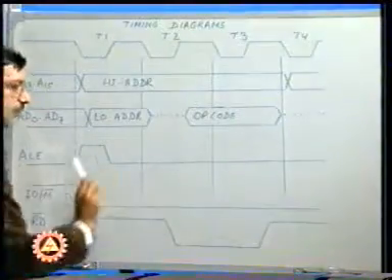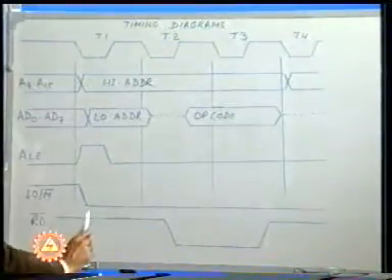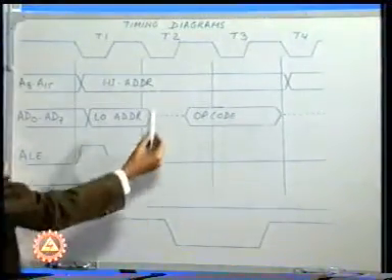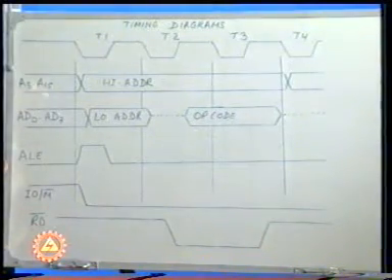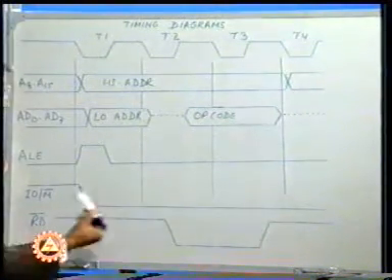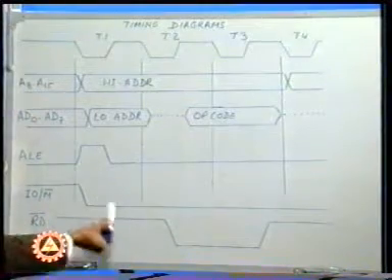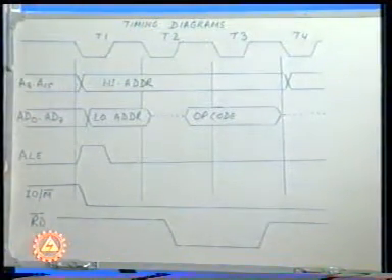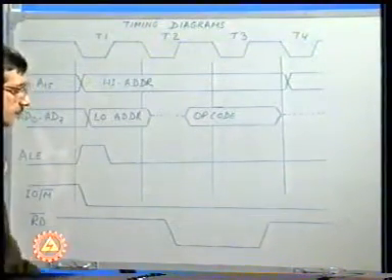There is nothing which takes place as far as ALE is concerned. It remains low here. IO/M bar also remains low. Towards the first third of the second T state, the RD bar signal goes low. This RD bar signal combined with the IO/M bar signal generates a control signal which we call the memory read signal, which we have already seen earlier.